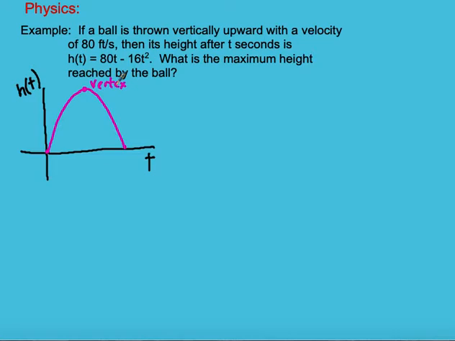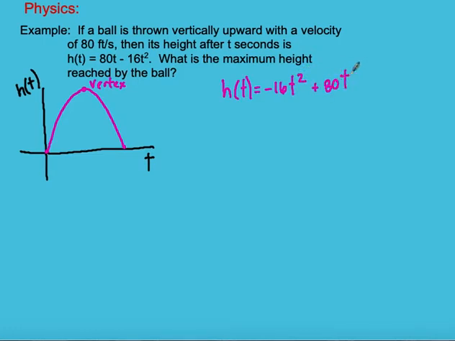I'm looking for the maximum height, or the vertex. So I'm going to take that function and rearrange it so it looks like it's in standard form. I'm going to make that negative 16t² + 80t, where a is equal to negative 16, b is equal to 80, and c is equal to 0.